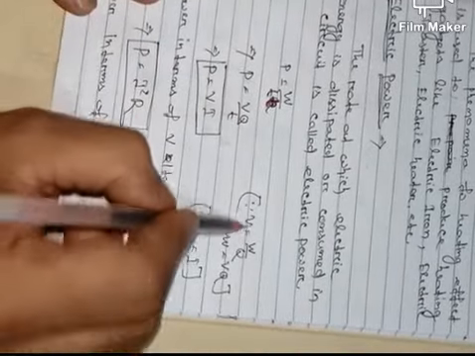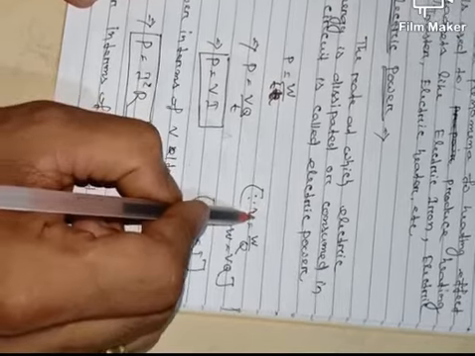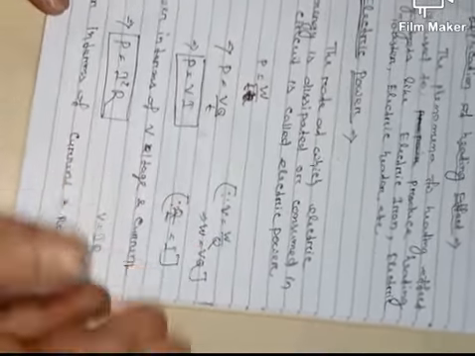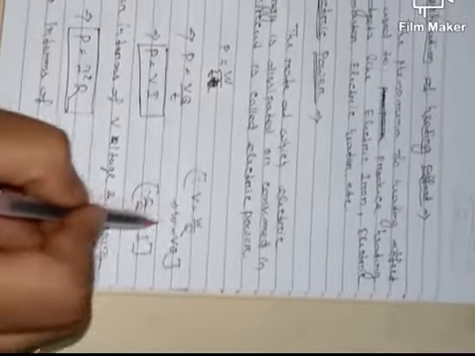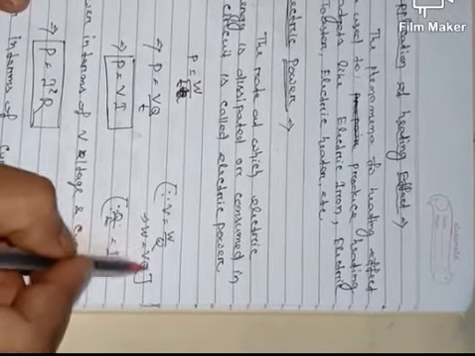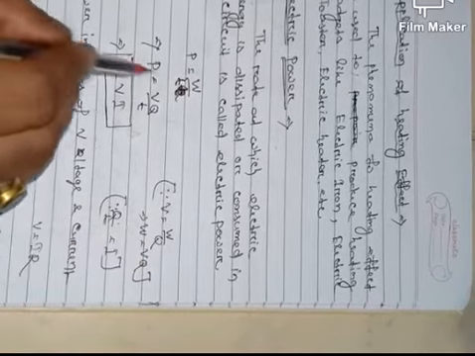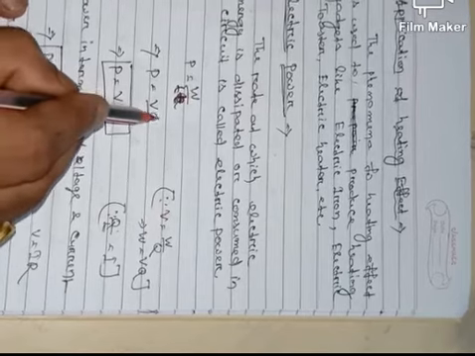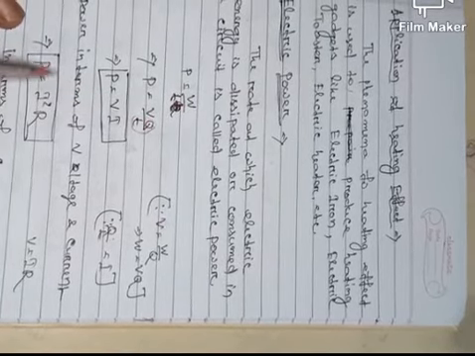Now, as we know, potential difference is equal to work done in moving Q charge. So from this I can get W is equal to VQ. Now substituting W is equal to VQ here, I will get P is equal to VQ by T. Here Q by T is current.